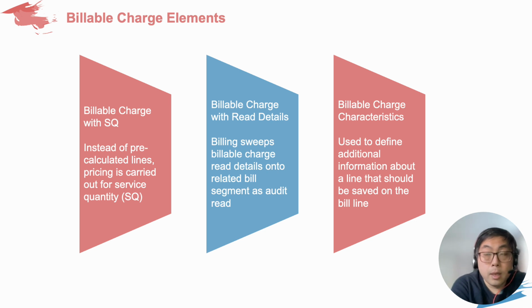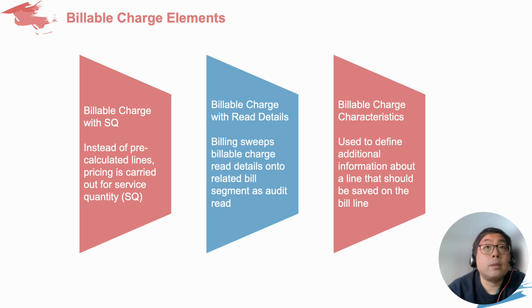They only ask for the consumption used, and the consumption is multiplied by the unit charge. That becomes a calculation line for the unit charge amount. Or rather than consumption based, it could be, say, number of days for standing charge calculation. Standing charge is normally number of days times the price per day, and that will calculate the standing charge.